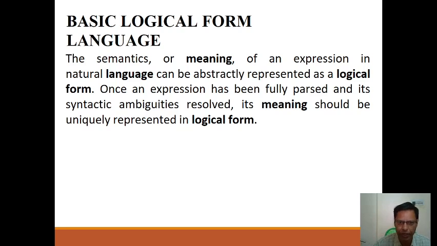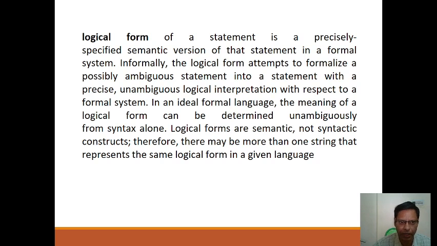When it is converted into logical form, whatever the statement is, it is settled and easy for the system to understand. So the logical form of a statement is a precisely specified semantic version of the statement in a formal language. Informally, the logical form attempts to formalize a possibly ambiguous statement into a statement with a precise and unambiguous logical representation with respect to a formal system.